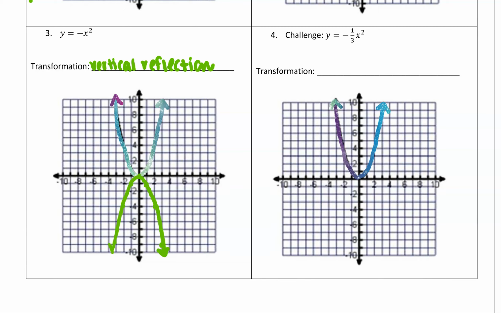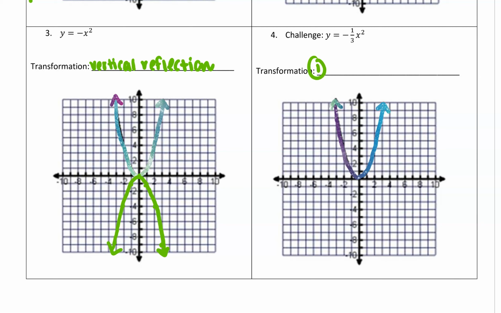There we go. All right, and this final problem is our challenge problem. Why is it a challenge? Because if you look at it, you'll notice two things. It has a negative, and it has a number that's, if I took the absolute value of it, it would be between 0 and 1, which would be a vertical compression. So this actually has two transformations.